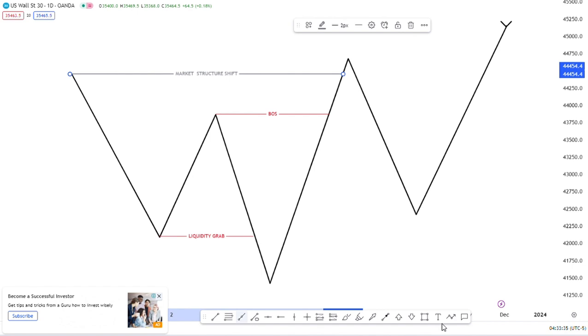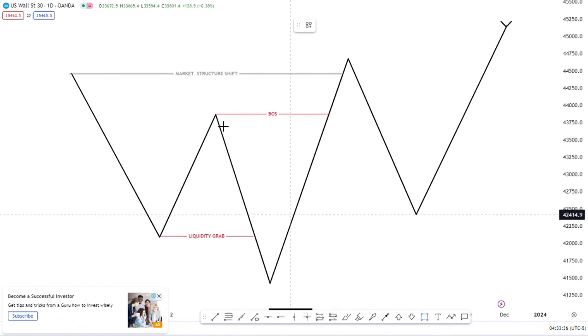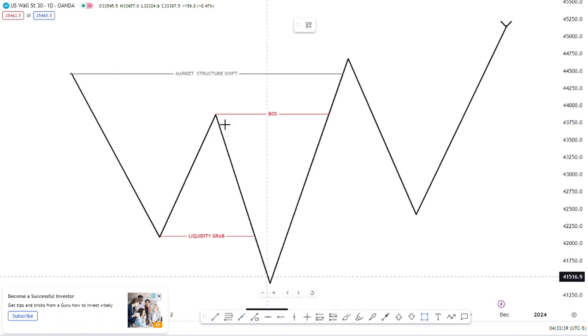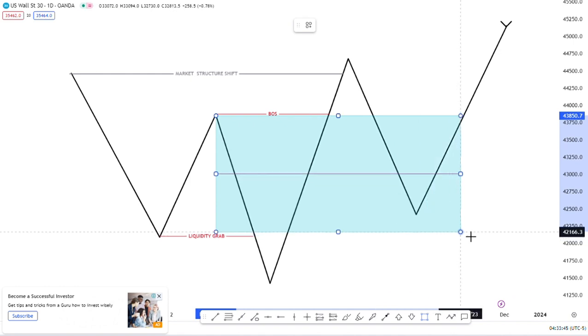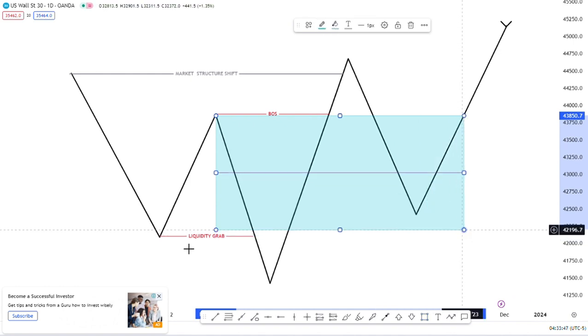Where do you see a breaker block? A breaker block will form in between the leg of the high, the lower high, and the lower low. Somewhere in between here, it can be from up here. You must use a candle that was there before this low was taken. So if the down candle is down here, it's not a breaker block because it didn't occur before this low.